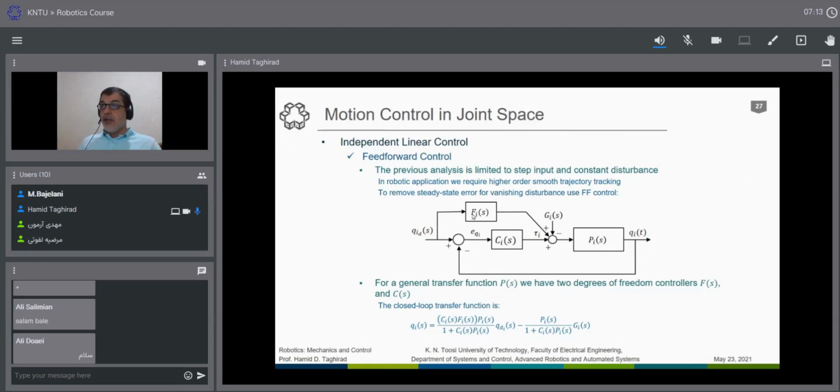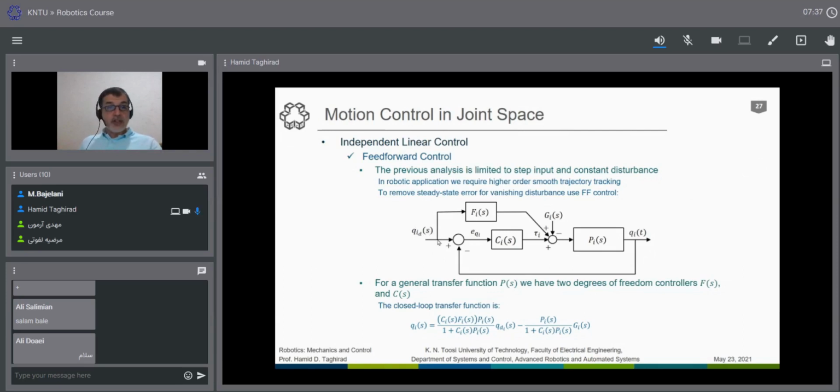But for this loop, as you see, we don't need to measure QD. Of course we can measure it, but we don't need to, because it comes from a trajectory planner that we talked about before. We know what QD is beforehand, and that's why we don't need a measurement here.